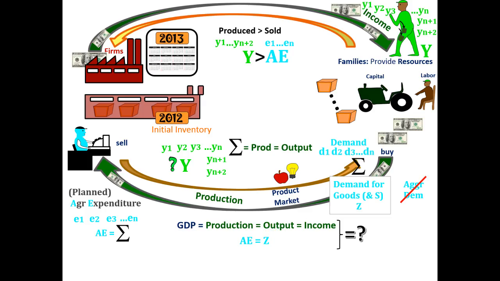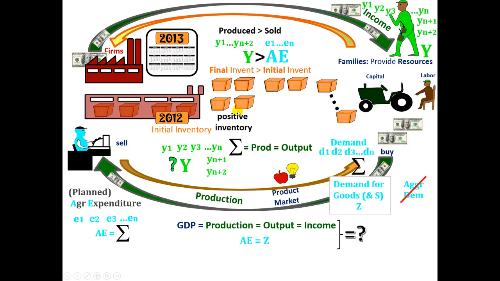And we can see that the final inventory, which is 4 boxes, is greater than the initial inventory, which was 2 boxes. So we say that in this year there was a positive inventory, not because 4 is positive, but because we have 2 additional boxes produced. And in this case, we say that the goods and services market is not in equilibrium.